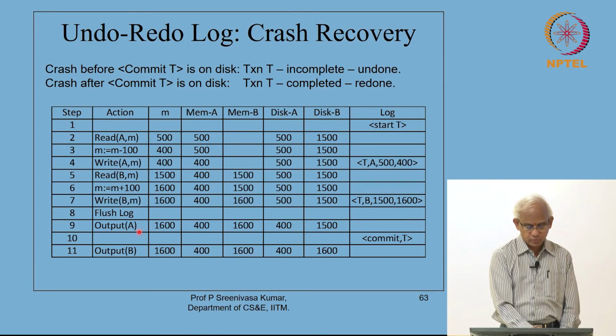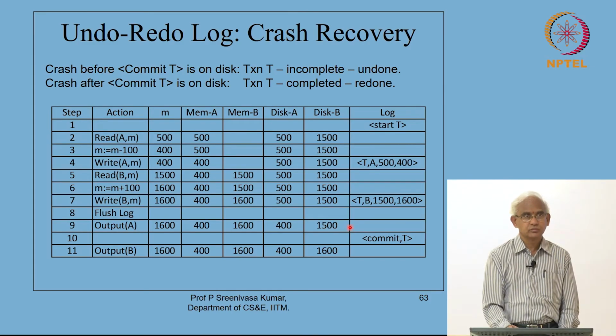So it has done an output A. Okay. So some changes have actually reached the disk. But then we know that the transaction T is incomplete, and since we have the old values with us, we will do an undo and restore the old values.